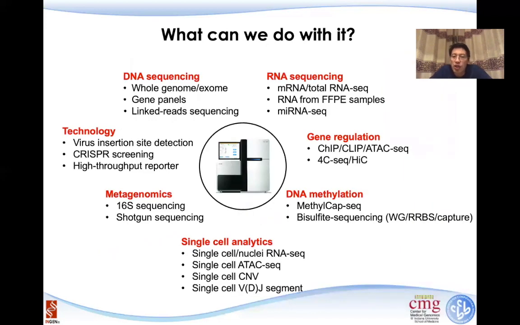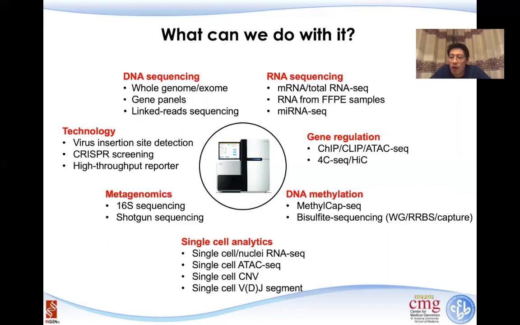This slide shows you the major applications that are enabled by our sequencing platforms. That includes DNA sequencing, which includes whole genome, whole exome sequencing, gene panel sequencing, and linked reads sequencing. For RNA sequencing, we can do mRNA, total RNA, RNA from degraded FFPE samples, and microRNA sequencing.